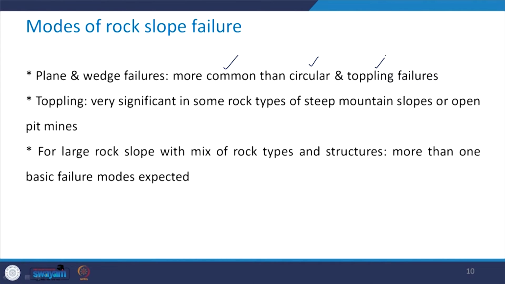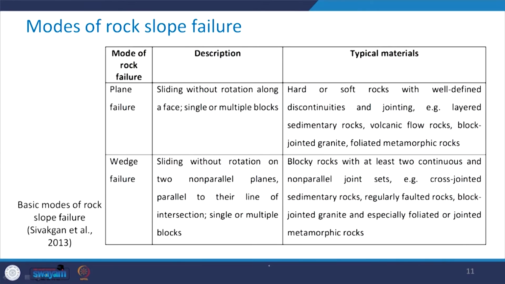For a large rock slope with a mix of rock types and structure, one can observe more than one of these 4 basic failure modes. So, in that case, the analysis becomes even more critical. Here, some description and the typical material have been given corresponding to each mode of rock failure.